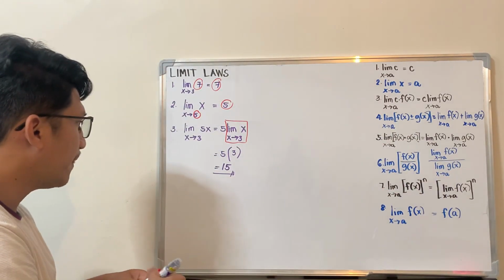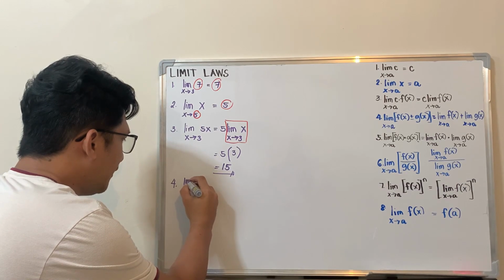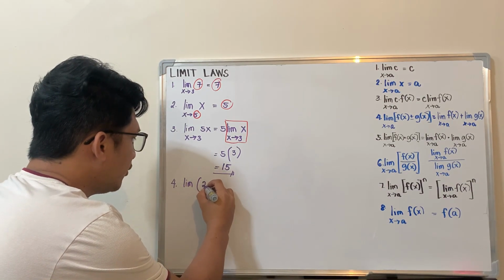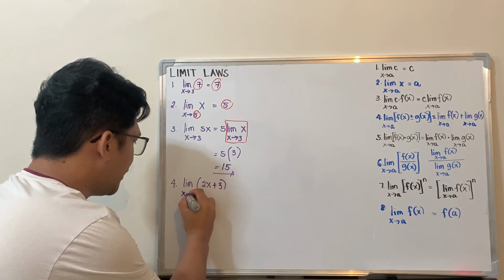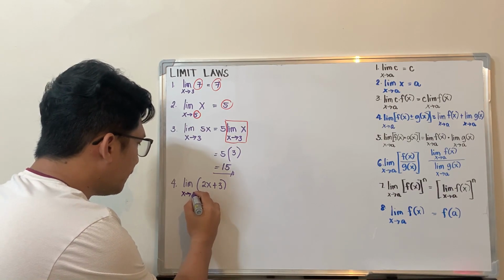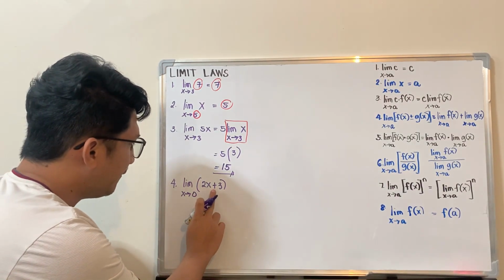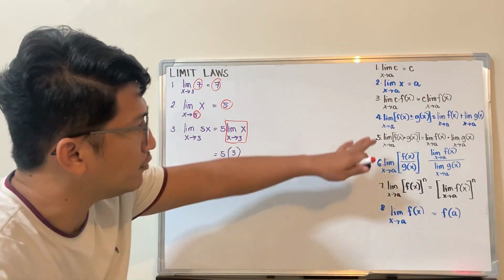For example number 4, if you are to evaluate the limit of, let's say, 2x plus 3 as x approaches 0. Since there are 2 terms in the function, you can separate them according to number 4.